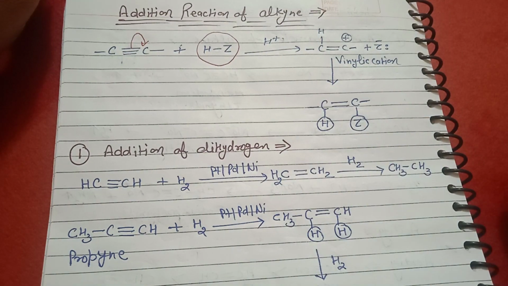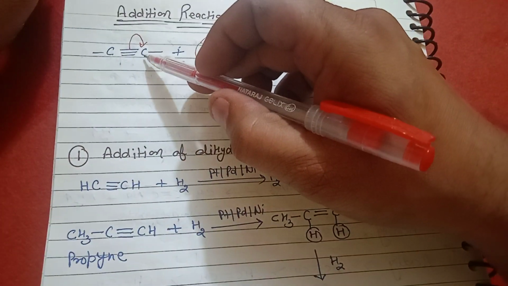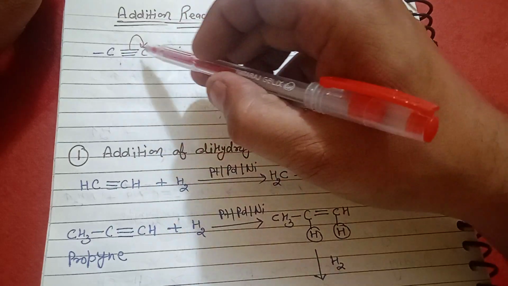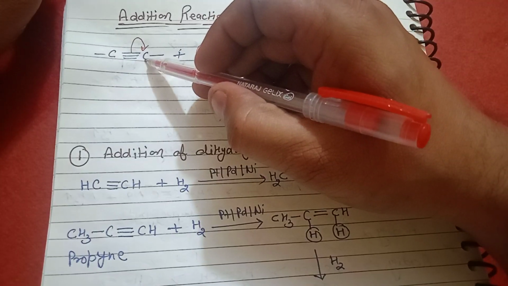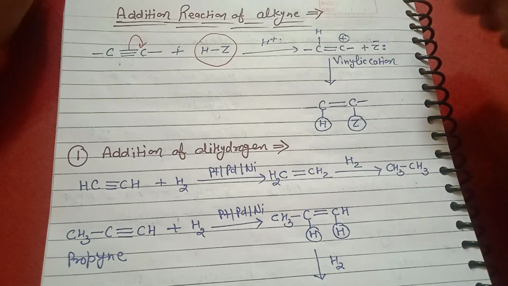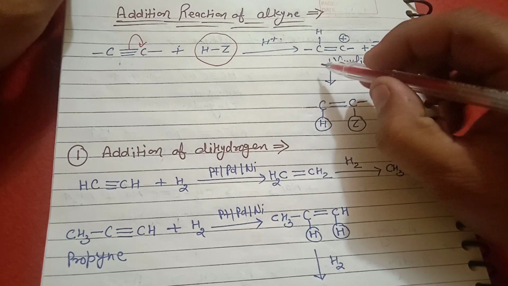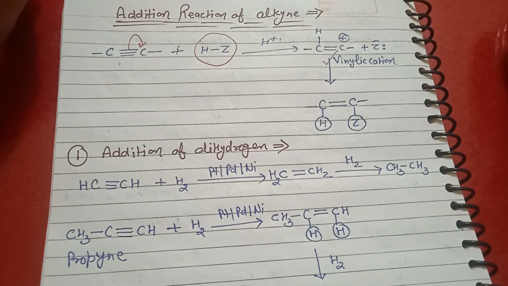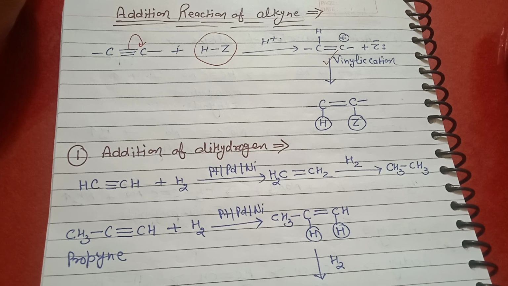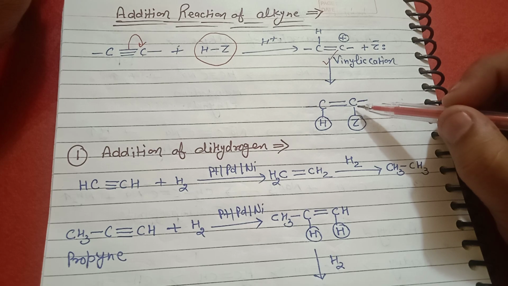So this bond moves this way, and this hydrogen is added here. H positive adds here and here is carbon positive. So first when we add H positive, the alkyne gives a vinyl cation plus Z negative, and this Z negative is attached to the other carbon.